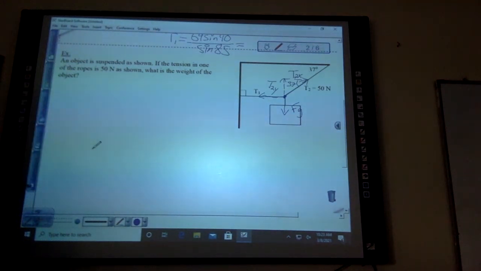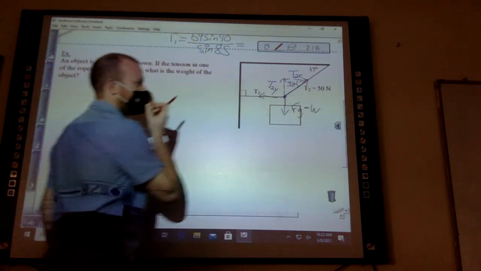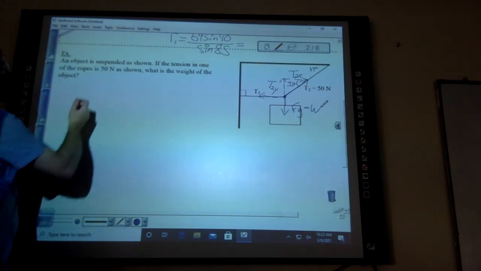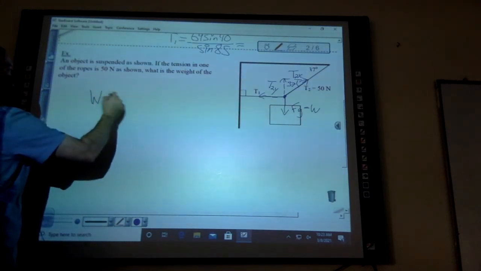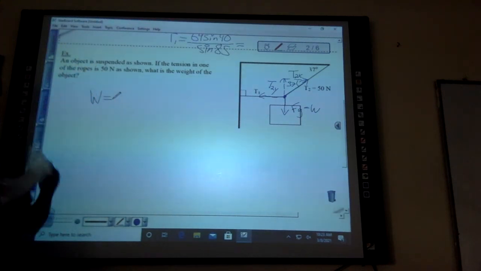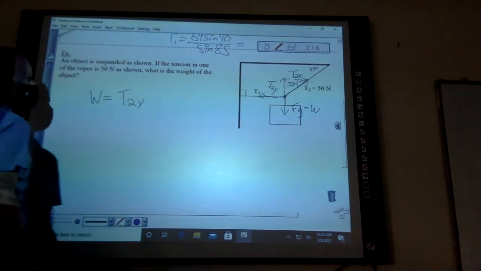If I want to know the weight, so weight is just Fg, same thing. I know that the weight is the only down force. This must equal the only y force going upwards, so this is equal to T2y.